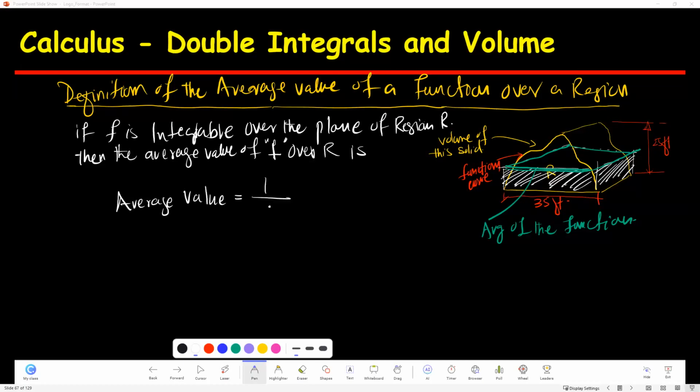You're going to take the actual area. Which area? The bottom area, the container area. From the bottom it's going to look like this. That is my area.